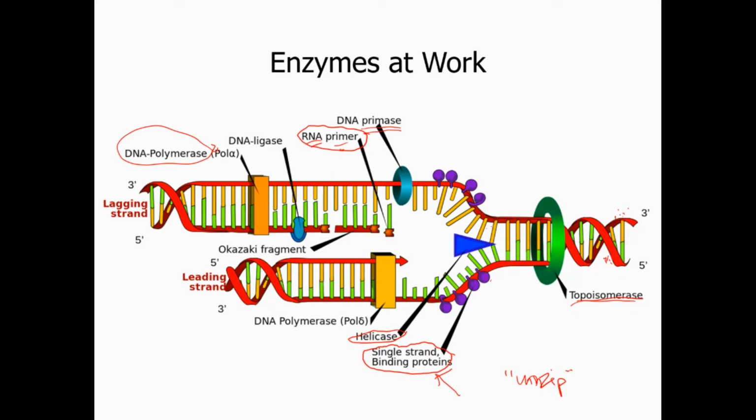Okay? All right, now there's another enzyme I didn't talk about, and this is going to be the DNA ligase. So the DNA ligase can connect the nucleotides together, can kind of link the nucleotides. Also, let's say this is the new strand, and then you have the primer, right?